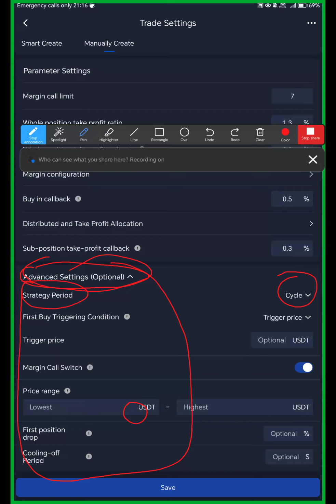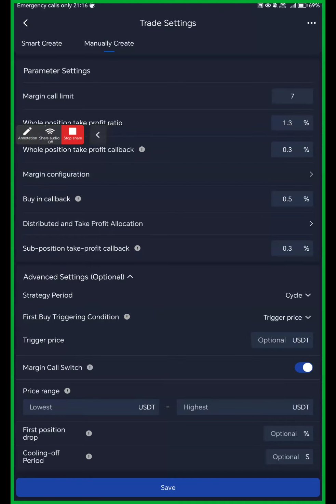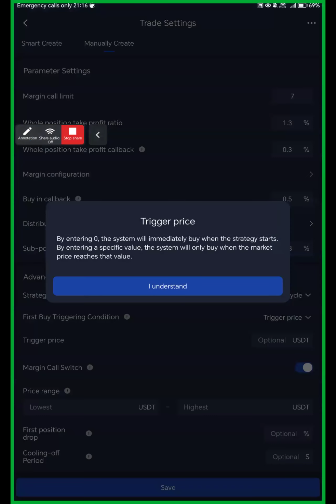Now, we want to look here where it says first buy triggering condition. If you want to get more details about first buy triggering condition, you just tap on this icon here. It is going to give you what first buy triggering condition is.